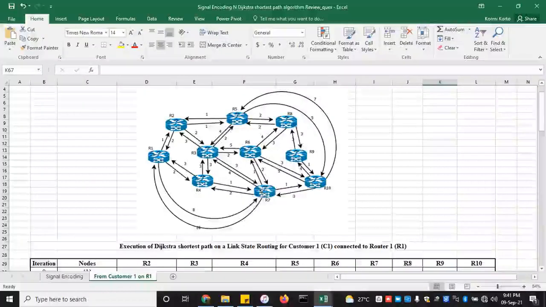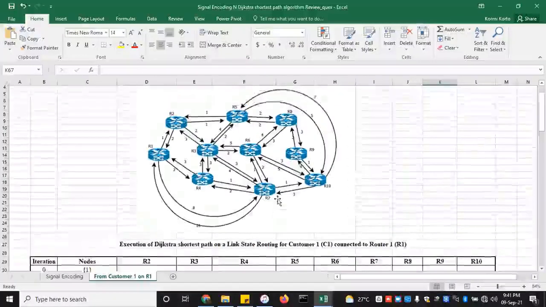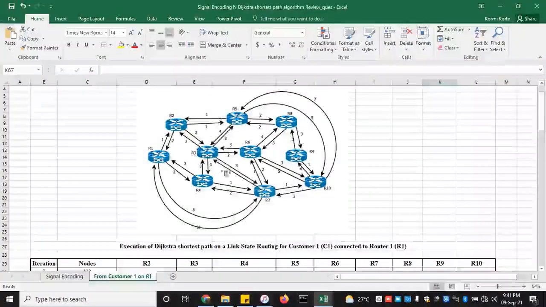Okay, so that's what we have over here. So execute the Dijkstra shortest path on a link state routing for customer one, just initialize C1 connected to router one. So the assumption is customer one is somewhere over here connected to this router. And you want to find all the possible shortest path routes that it can send a message to each and every other node within this given nested network.